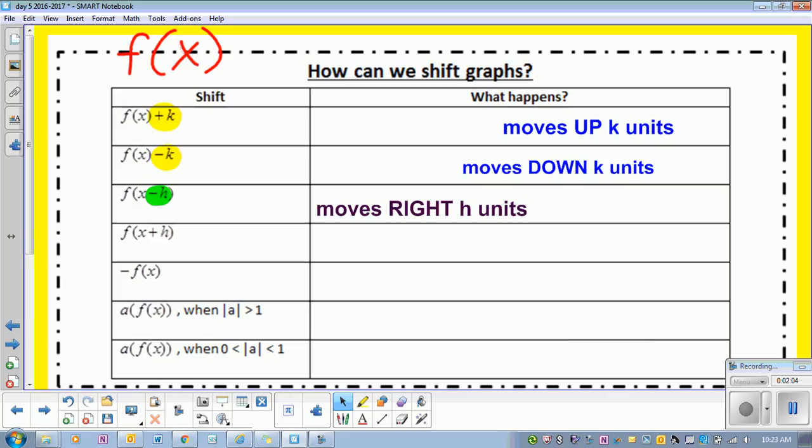I would think, well, that's a negative h, so that should go to the left. But whenever it's inside with the x, think opposite. So if I have an x plus h, then that has to move left h.